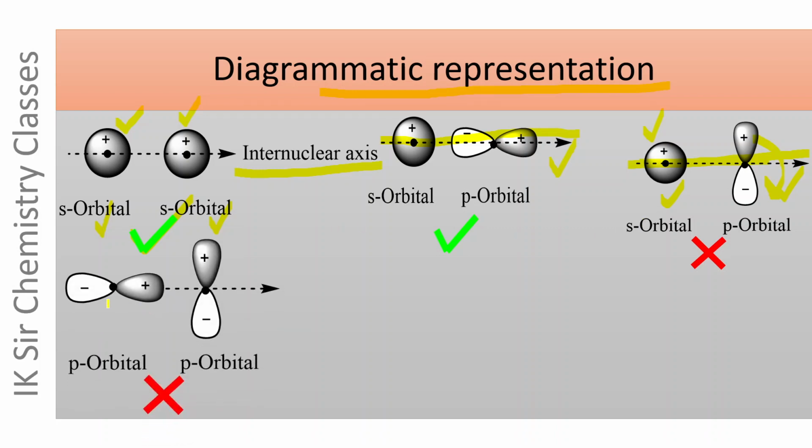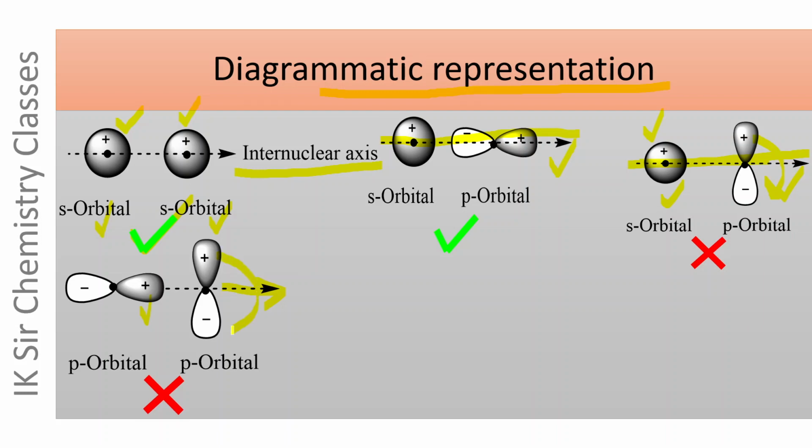Similarly, two p orbitals, this p orbital has horizontal alignment while this has vertical alignment, and if these two p atomic orbitals are rotated about this internuclear axis, the sign of lobe of this orbital will not change while the sign of lobe of this orbital will change.